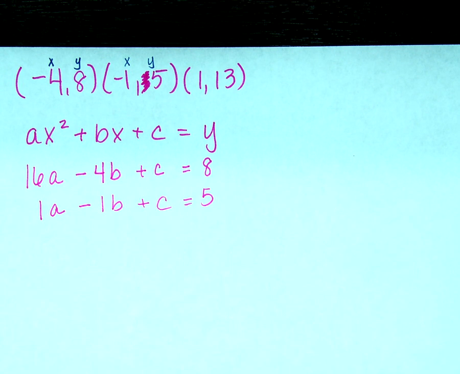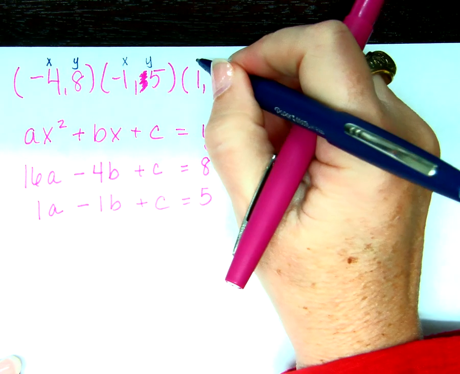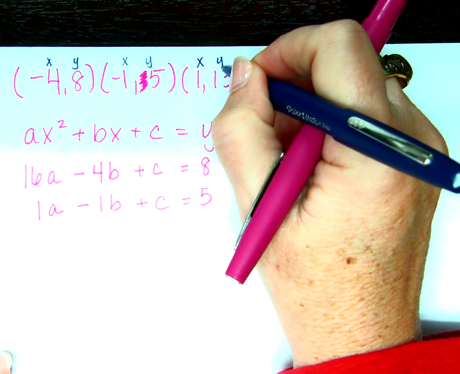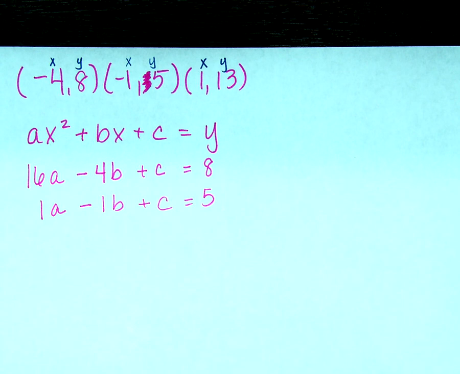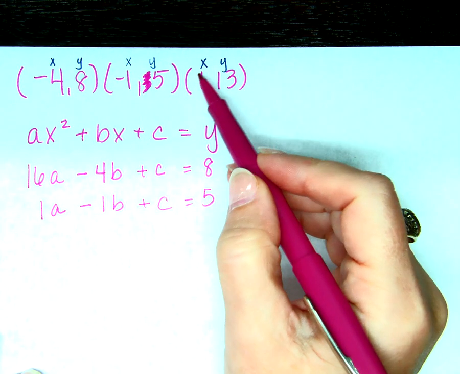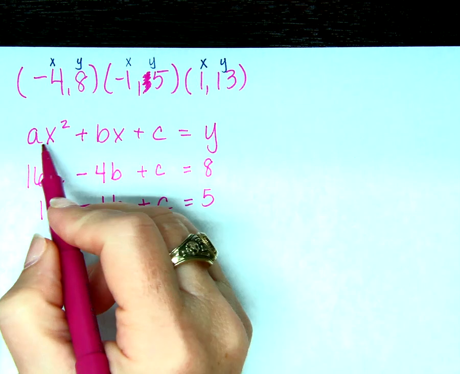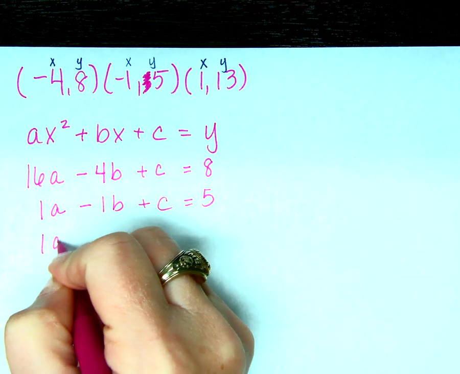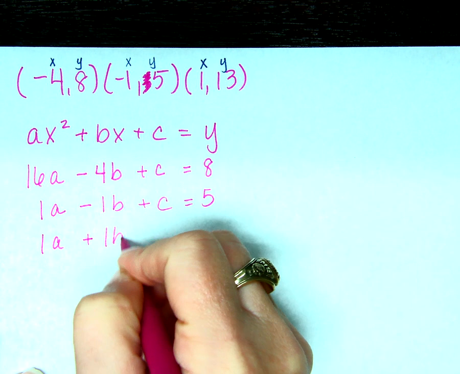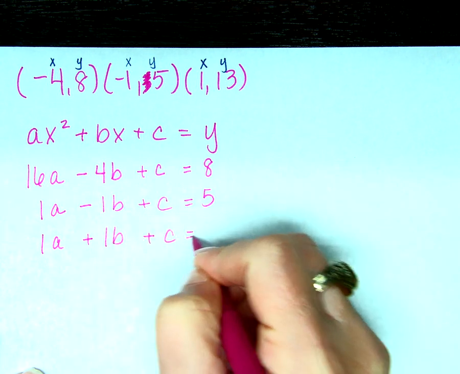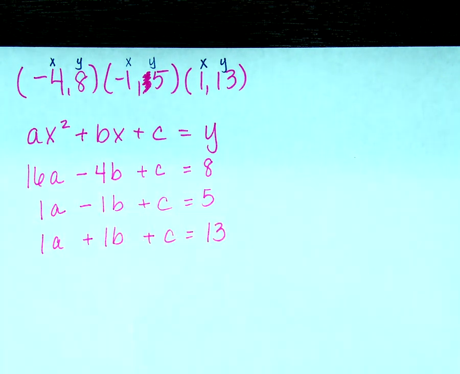Well, what else am I given? Another point. So I have another x and a y. What if I substitute this point into that equation? What do I get? 1a plus 1b plus c equals 13.